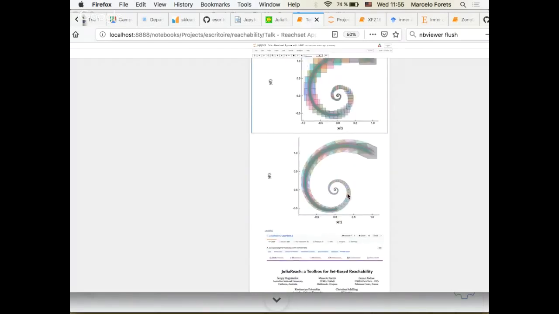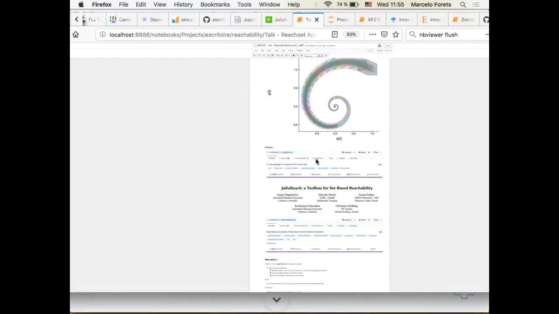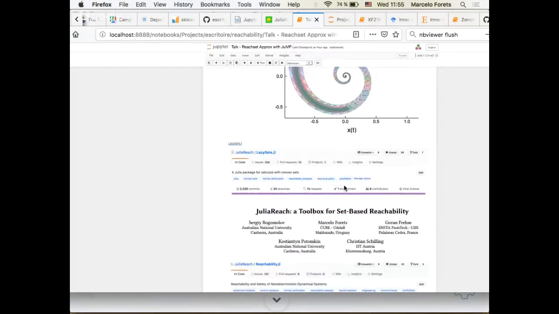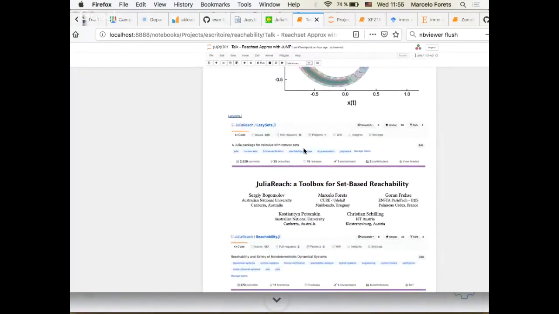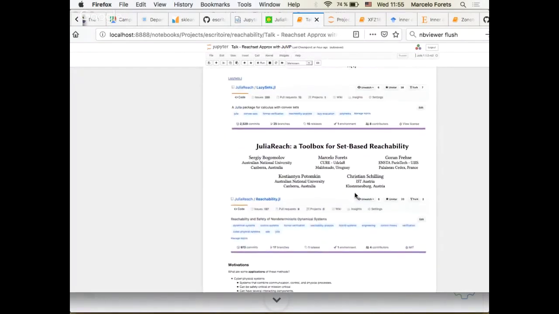Now these methods are implemented in some of the packages that we develop in the JuliaReach organization. So LazySets is a library that allows you to work lazily with sets and operations between them, and ReachabilityAnalysis implements some of these methods.